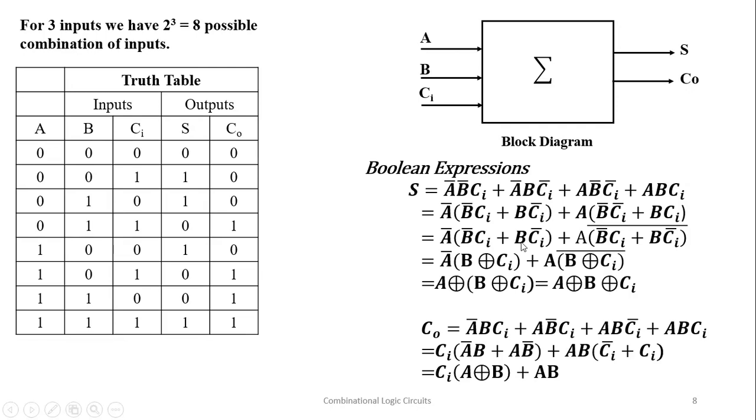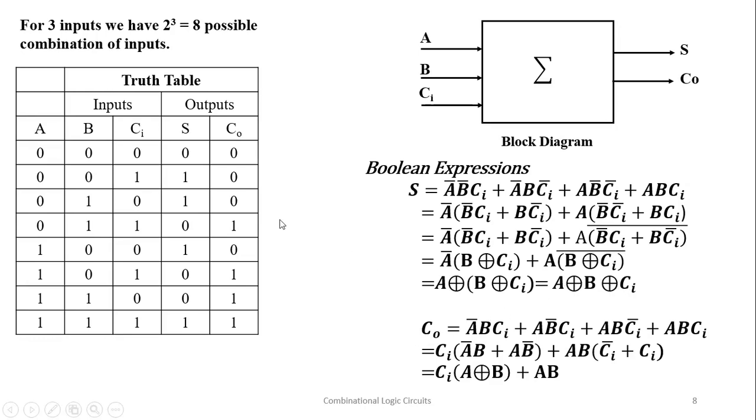So A bar times B exclusive OR CI, and A times B exclusive OR CI whole bar, which represents the exclusive NOR gate. So we can use the properties of the exclusive OR gate, and we get A exclusive OR B exclusive OR CI. So this is the sum function, manipulated in exclusive OR gates.